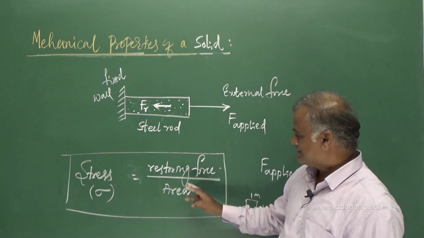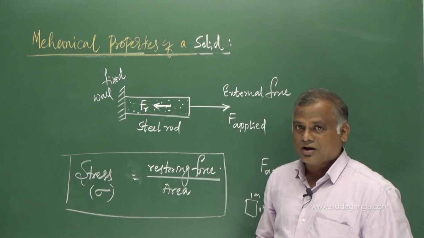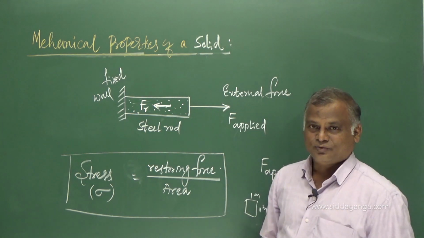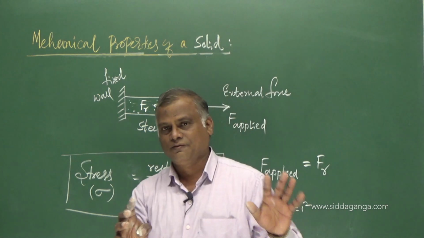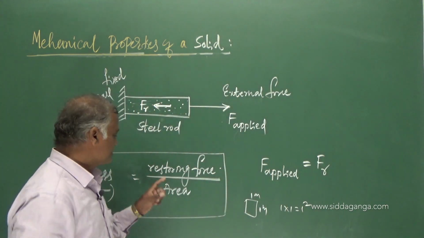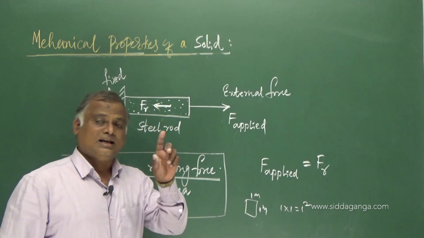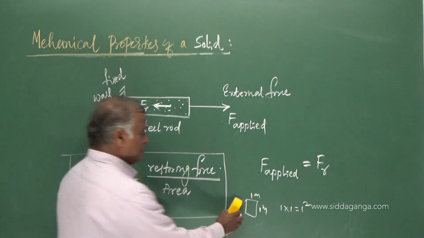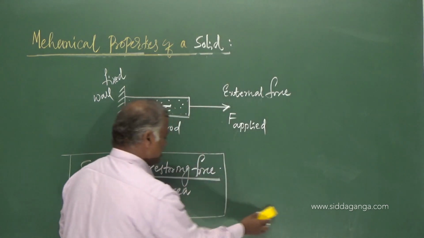Now, my dear students, can you recall the SI unit? We have some standard units, you must follow those standard units. In the SI system, the SI unit of force is what?